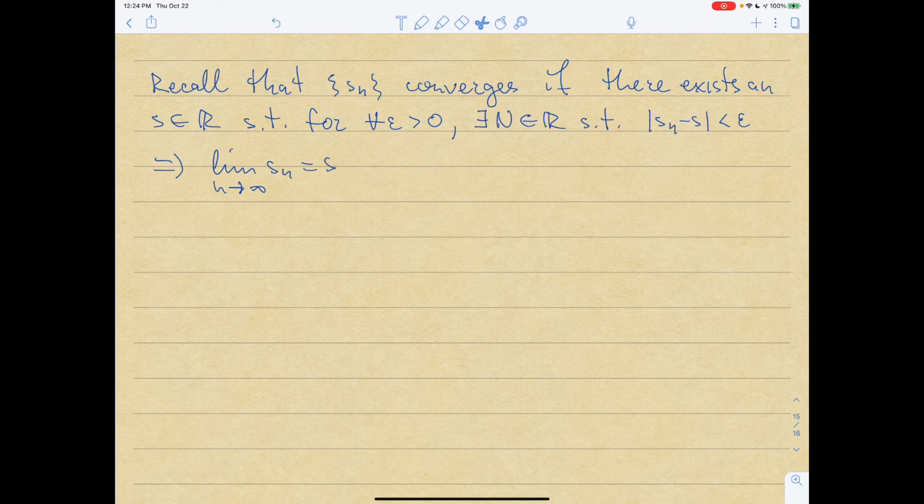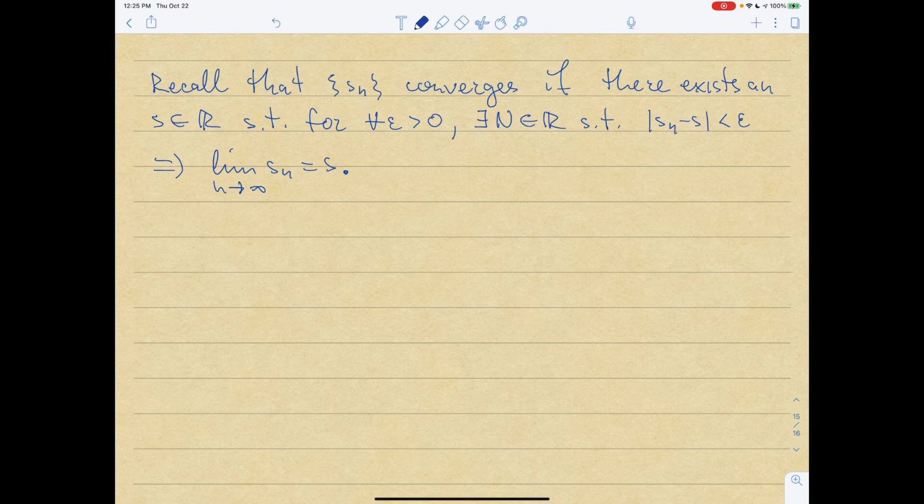Because somehow you have to show that this difference must be less than epsilon, and if S is not available to you, then it's impossible to prove if a sequence converges or not. On the other hand, it is kind of clear that I should be able to describe a convergent sequence without identifying a limit.